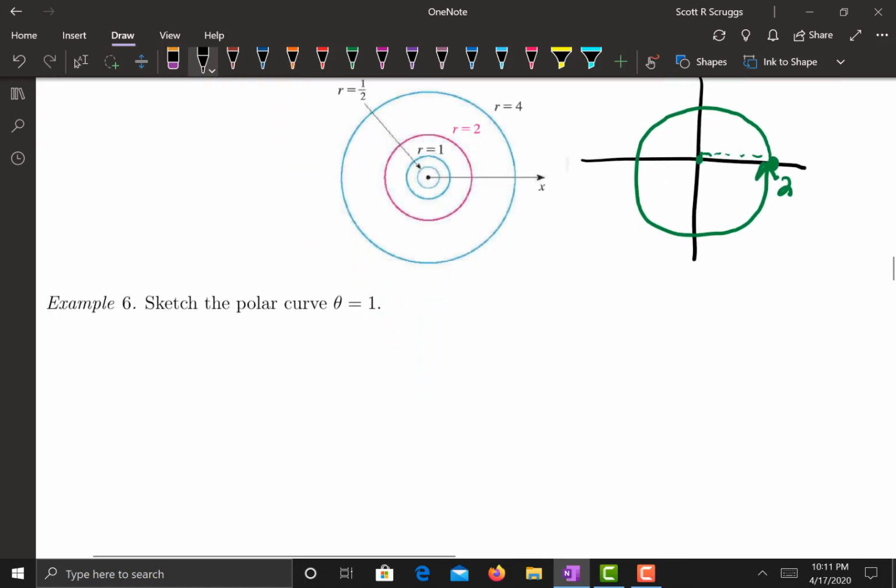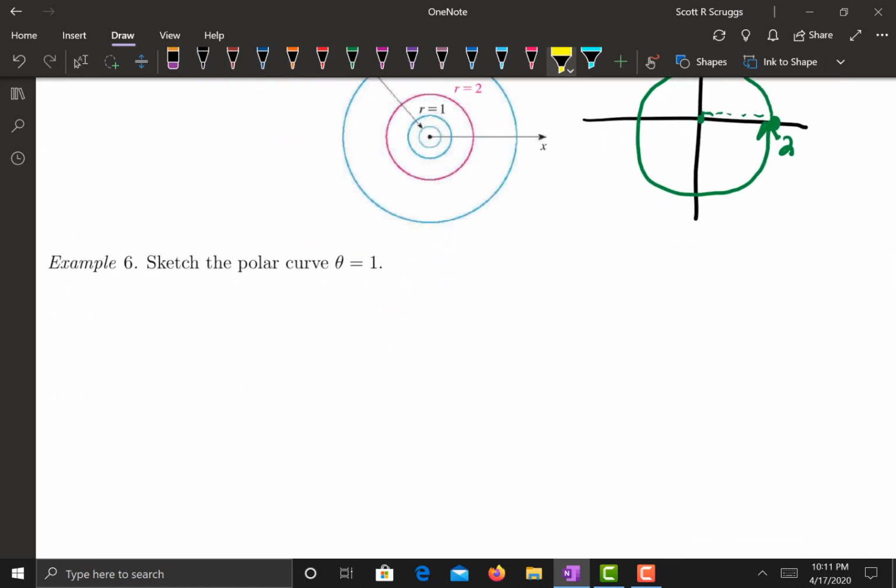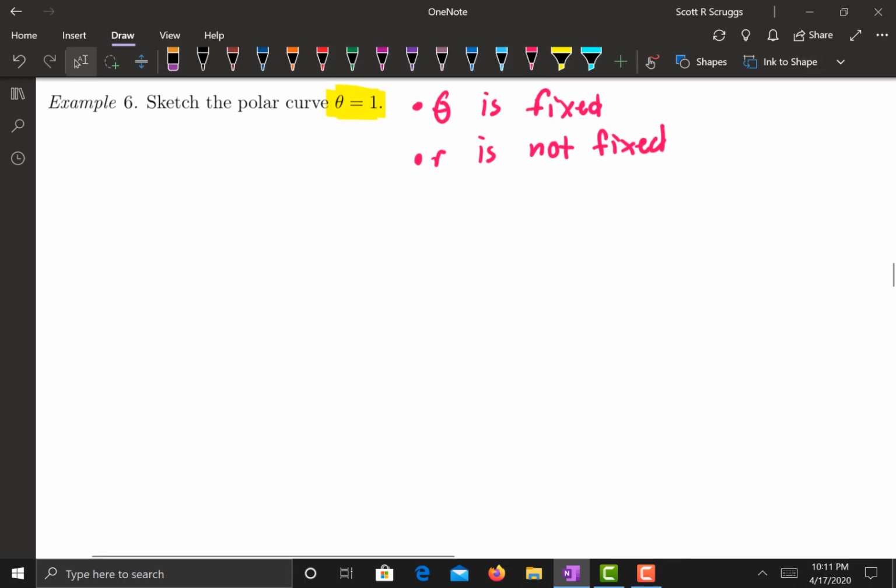So now let's go vice versa and say I have a polar curve, but instead of the radial coordinate being fixed, the angular coordinate is fixed. So I'm going to make that as a note. Now I switched it up. I now say that the angular coordinate is fixed, but r is not fixed. And so in that regard, what will the curve look like?